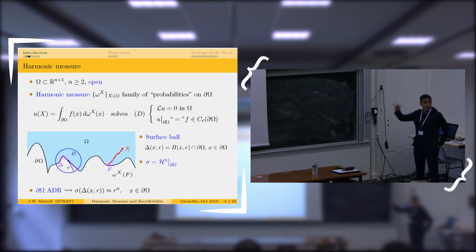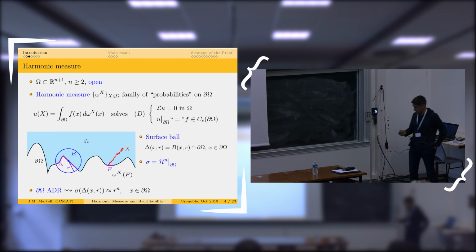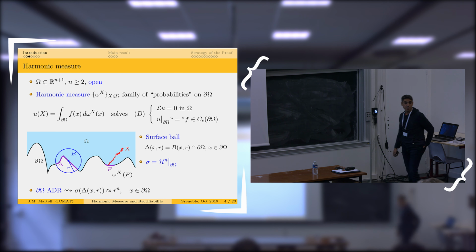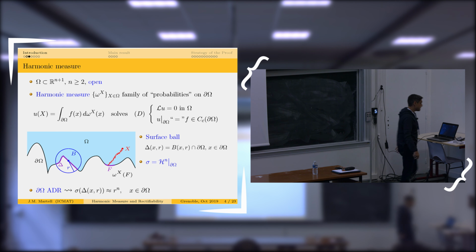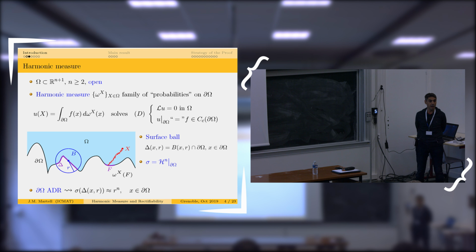All right, so let me now say what this harmonic measure is that I just introduced in the previous slide. I'm going to be working all the time in R^(n+1), where my ambient space is R^(n+1), and at least n is greater than or equal to 2. So this means that my ambient dimension is at least 3. There are reasons to keep the case n equals 2 aside.